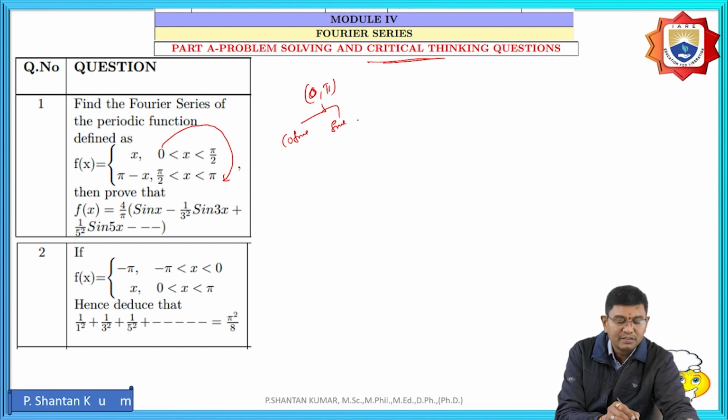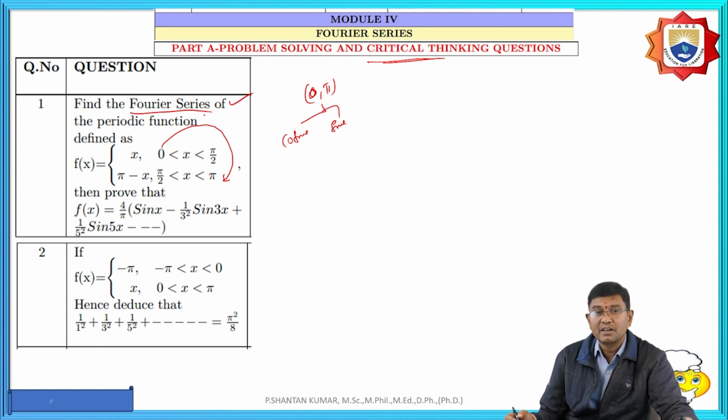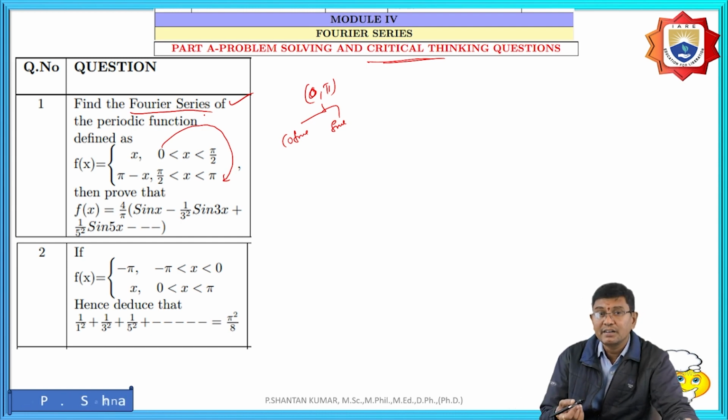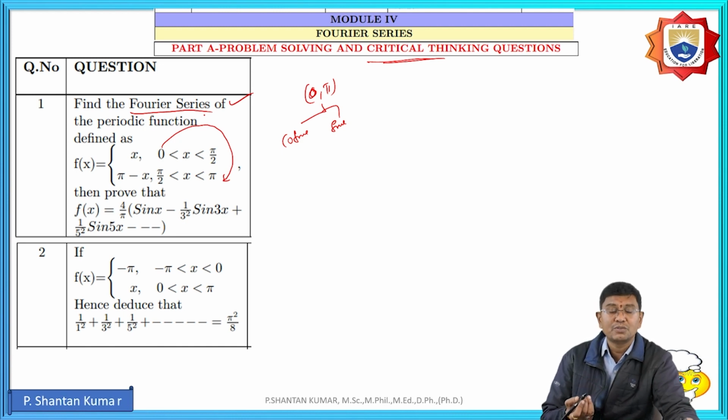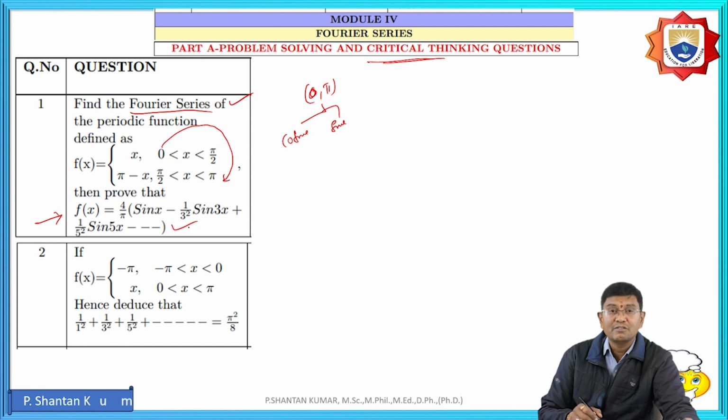But in that Fourier series, it is not given whether it is particularly a Fourier cosine series or a Fourier sine series. The problem is critical thinking. Under 0 to pi, they want a Fourier cosine or Fourier sine series, but the particular name is not mentioned. While observing, the problem is based upon the required series in terms of sine.